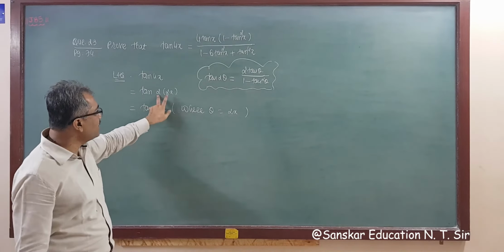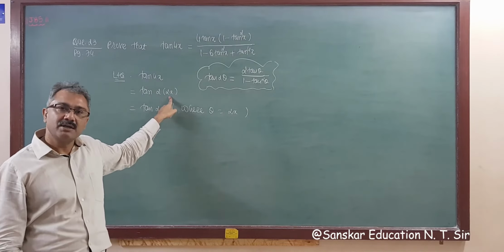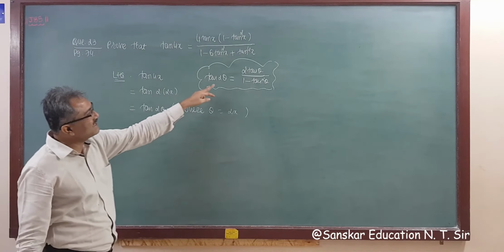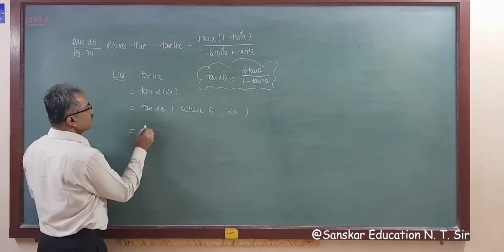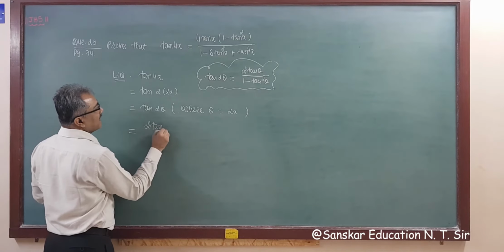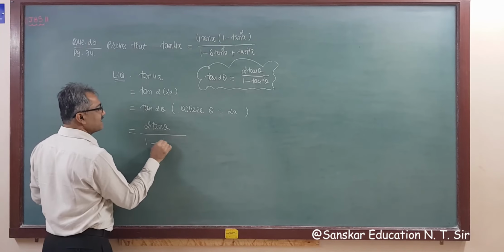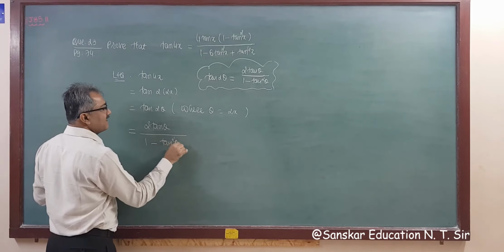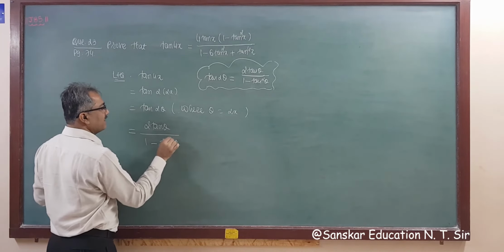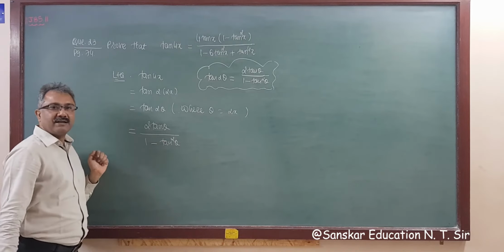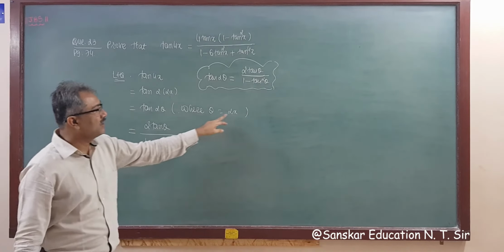So this is 2 into theta. Theta is twice x. Now the tan 2 theta formula gives: 2 times tan theta whole upon 1 minus tan square theta. Now theta is twice x.